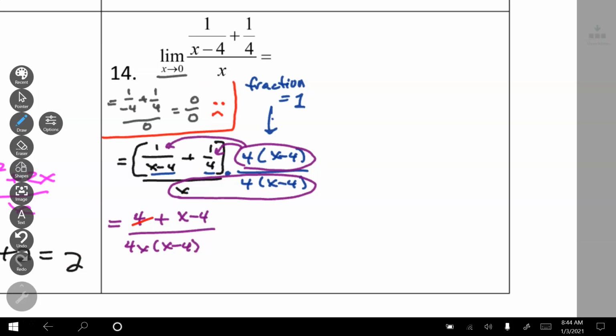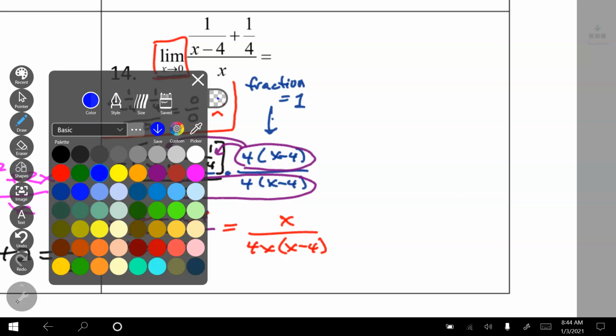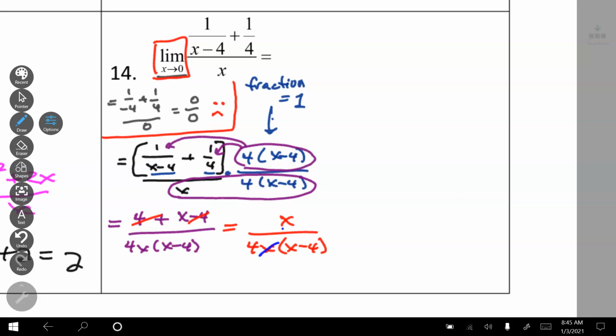I do notice that the 4's cancel, and right now I have x over 4x times x minus 4. And technically, I should remember I still have this limit as x goes to 0. If I plugged in 0, I get 0 over 0, but I see that this x and this x cancel out. It leaves a 1 on top.